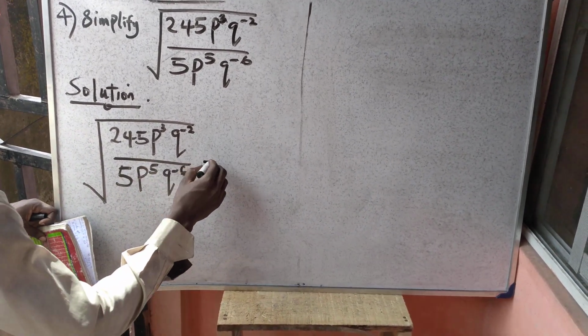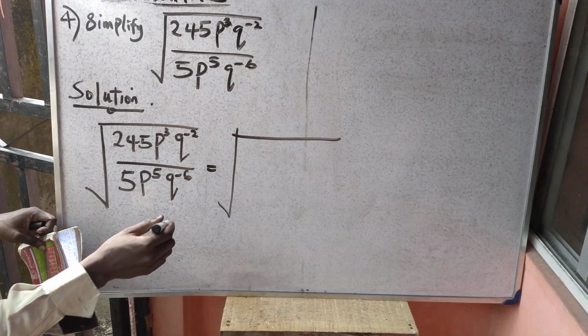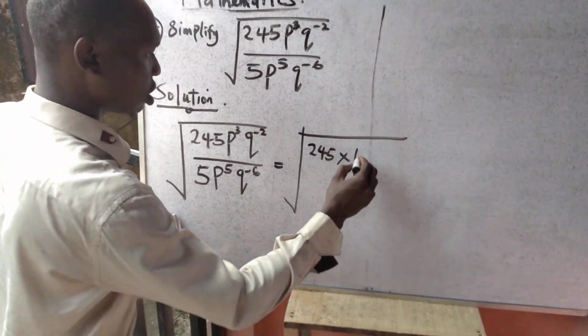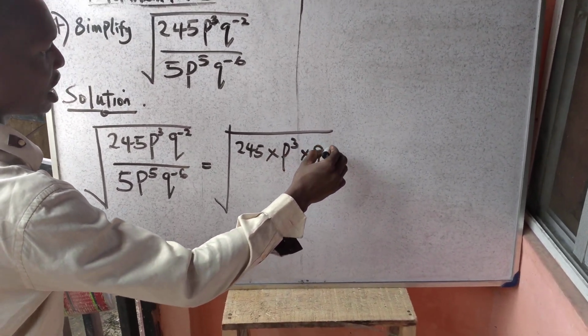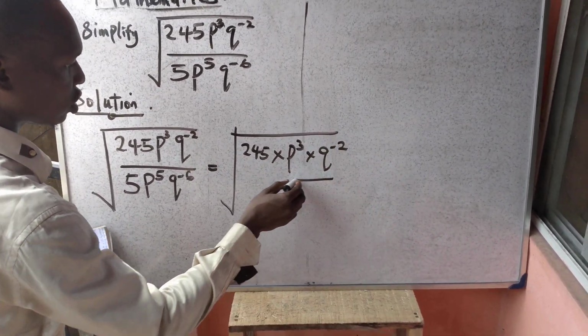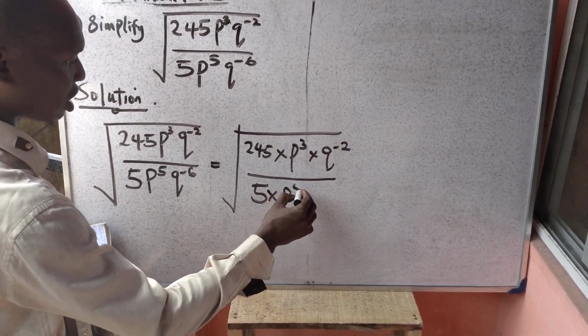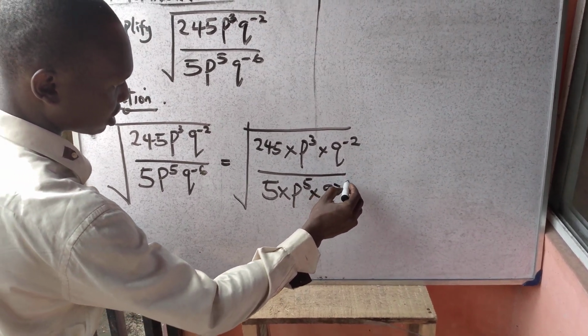So this now will be equal to the square root of 245 times p raised to power 3 times q raised to power minus 2 all over 5 times p raised to power 5 times q raised to power minus 6.